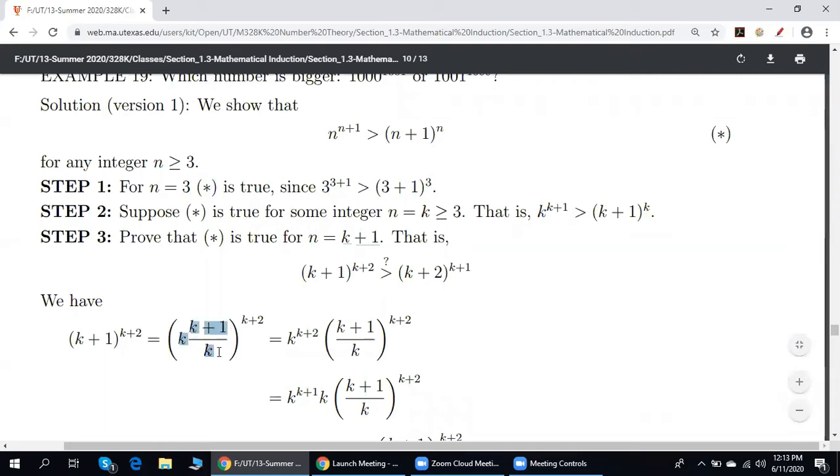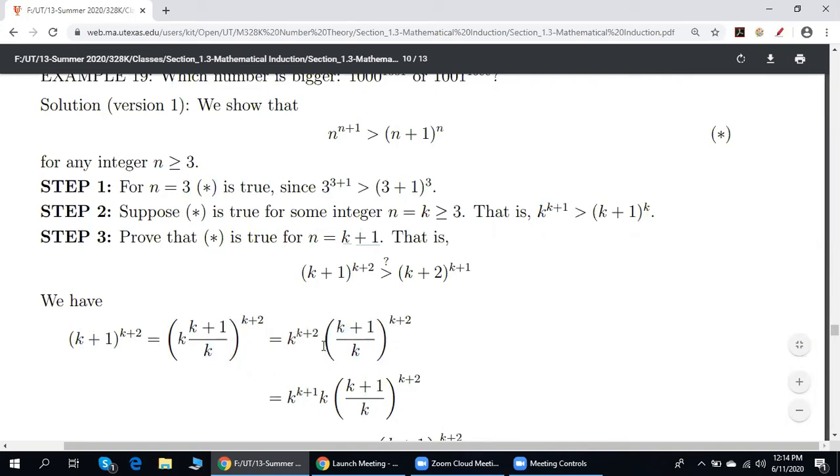If we erase this to the power k plus 2 by algebra, we can rewrite the whole thing as k to this power, which is over here, times k plus 1 over k to this power, which is over here.